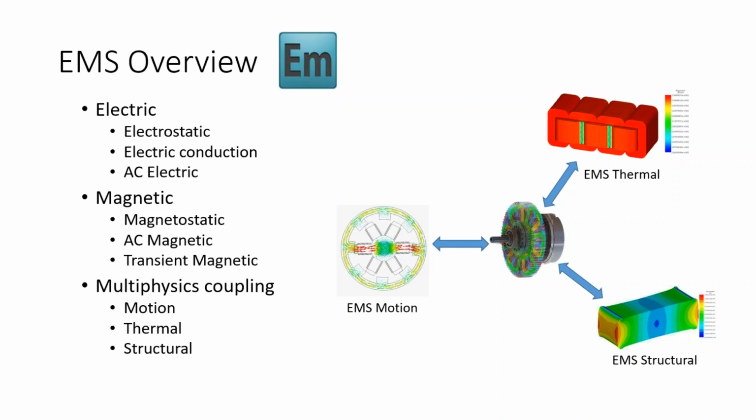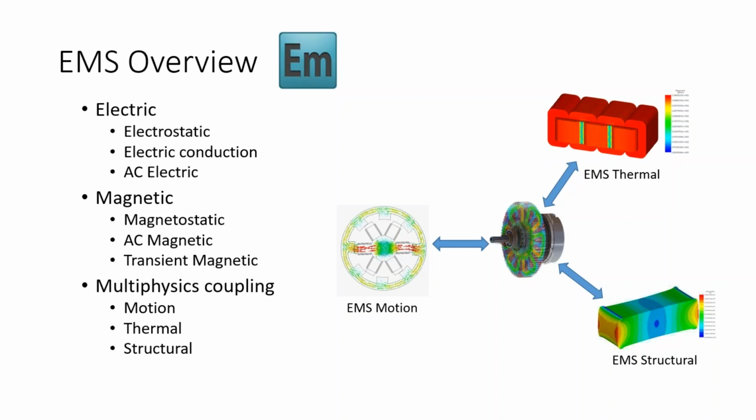So it's the most general solver of all, and its applications include pretty much everything I've mentioned so far on the magnetic side, in addition to motion studies where you have some induced voltages or non-sinusoidal excitations. So the most general cases would be covered by the transient magnetic solver.